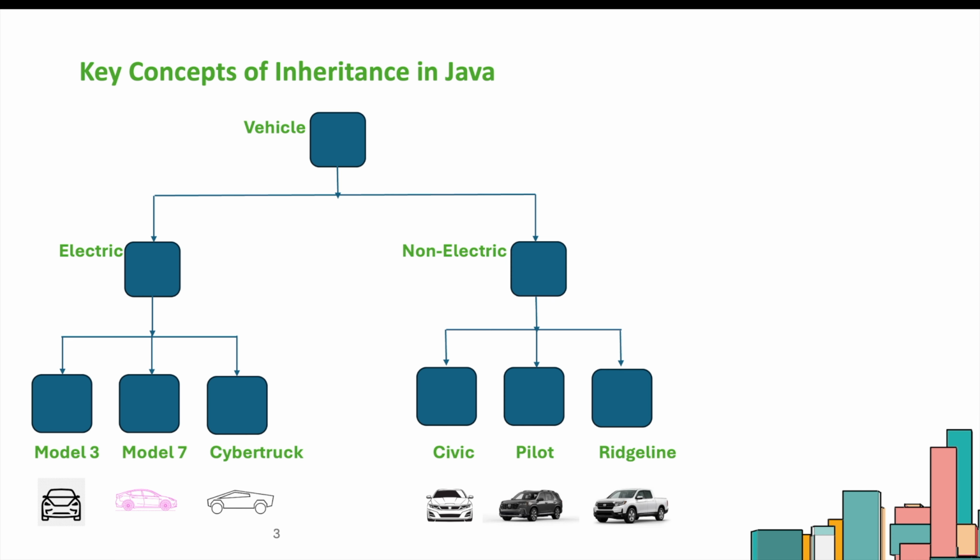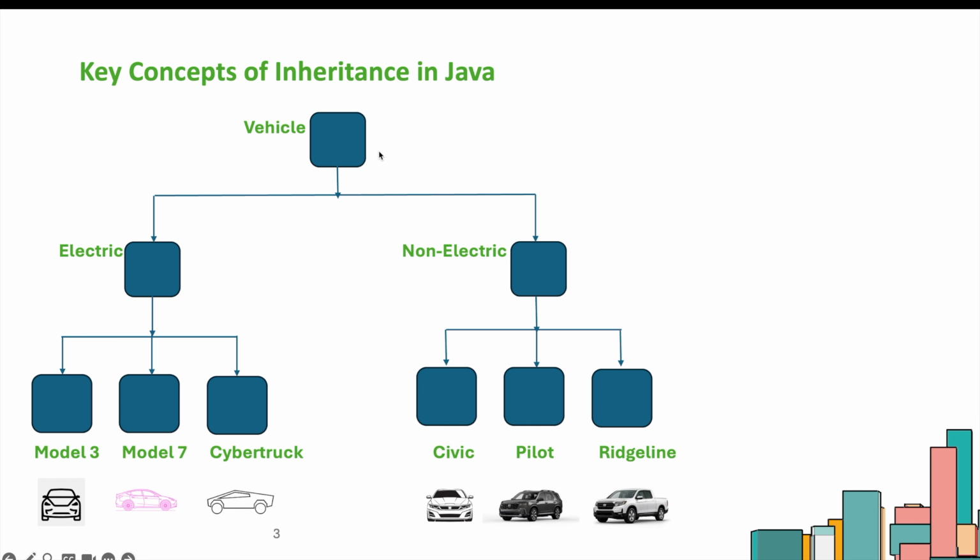If you look at this diagram, we have vehicle as a class, electric as a class, and Model 3, Model 7, Cybertruck, and non-electric, Civic, Pilot, Ridgeline. These are the other classes.